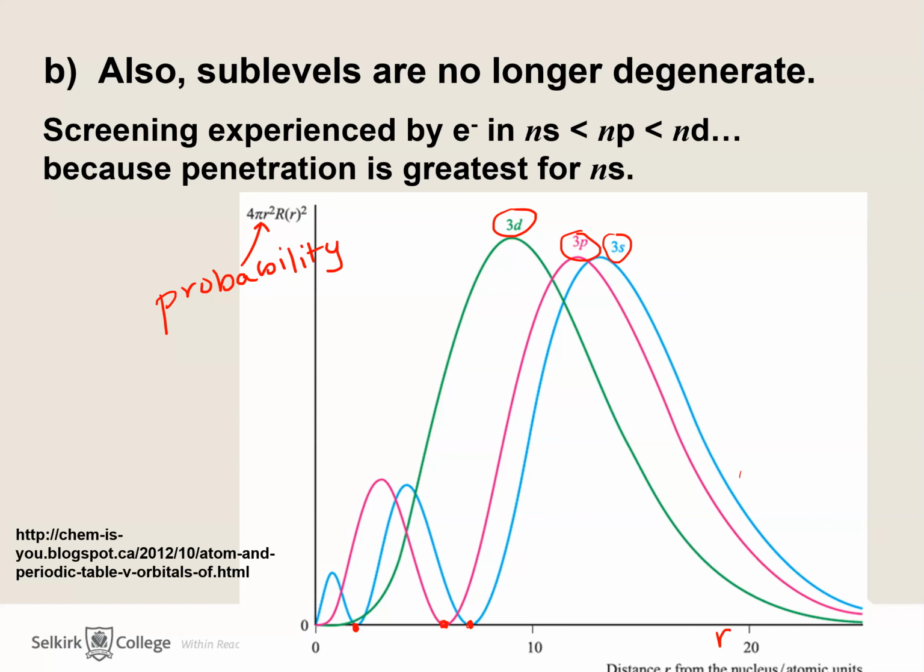It feels the attraction from the positive nucleus more. What I can see is that an electron in the 3s, that's the blue curve, can get closer to the nucleus than the other ones can. I would say that the 3s orbital penetrates closer to the nucleus.